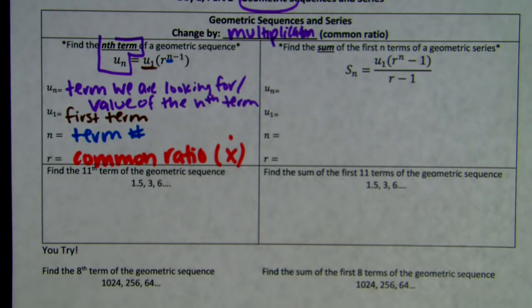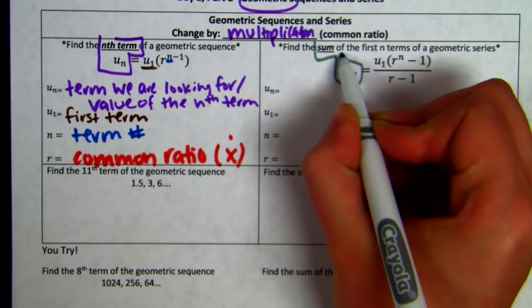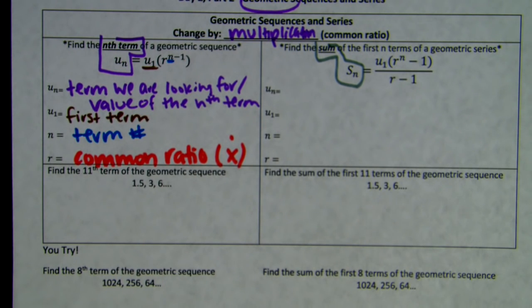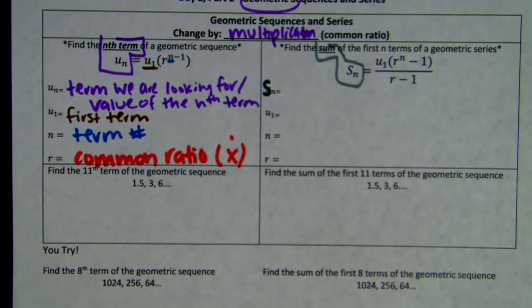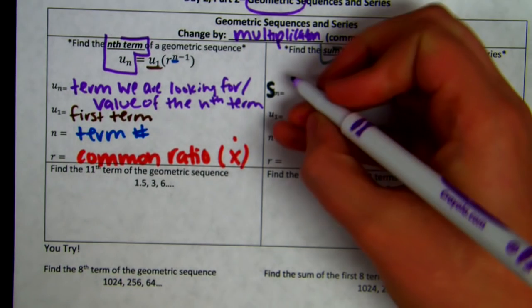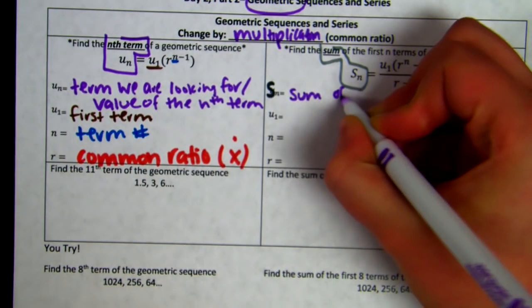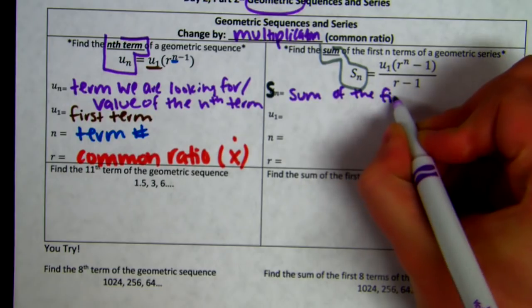Over here we have the sum of the first n terms of a geometric series. So instead of un, this should be Sn. Sn is equal to the sum of the first n terms.